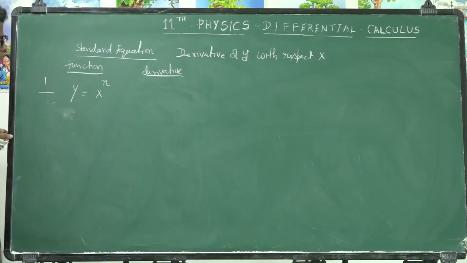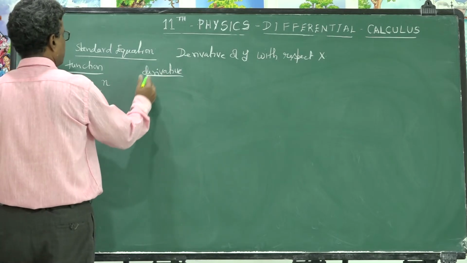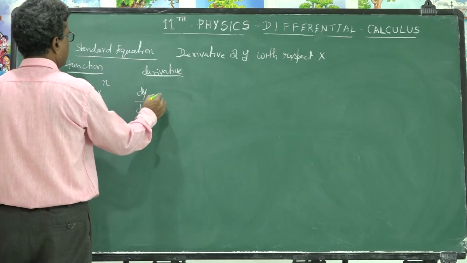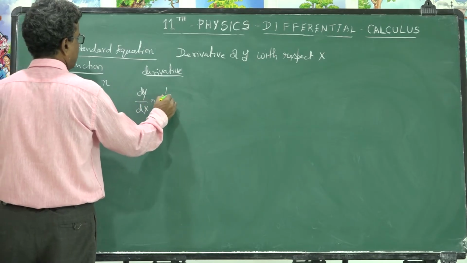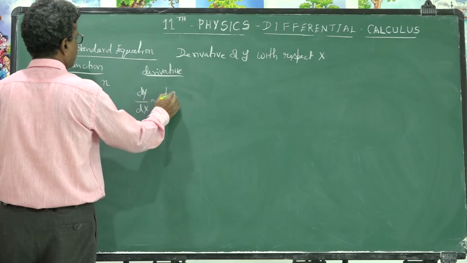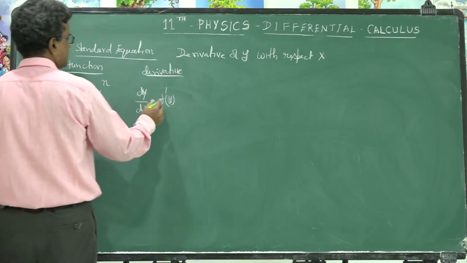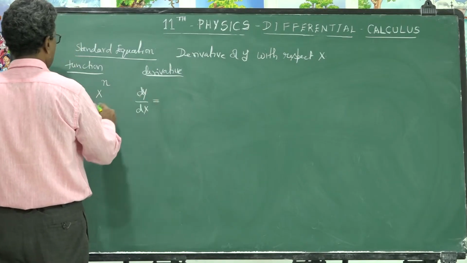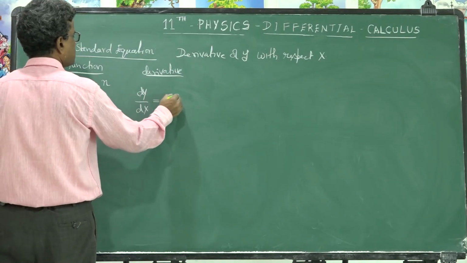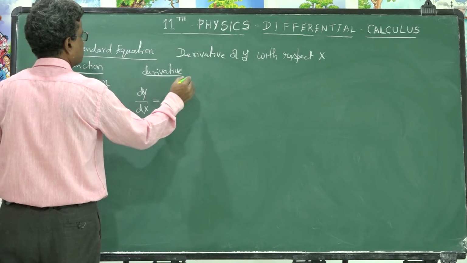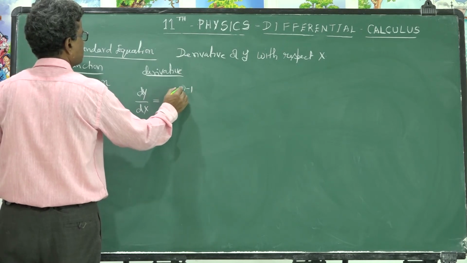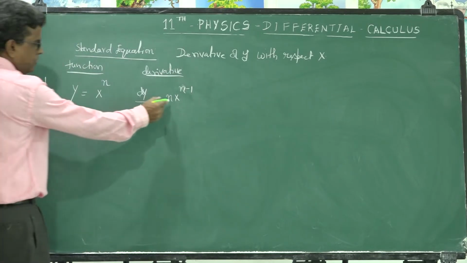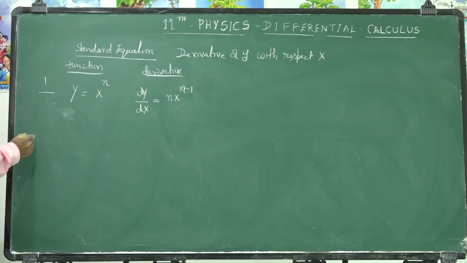This is a mathematical function, the derivative, or we can call it f dash x. You write dy by dx is equal to n into x to the power n minus 1.